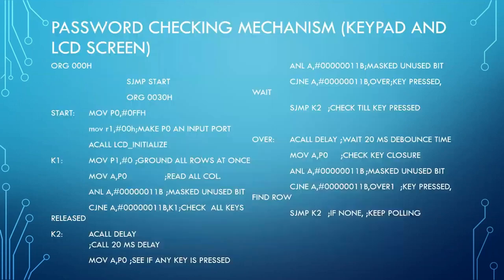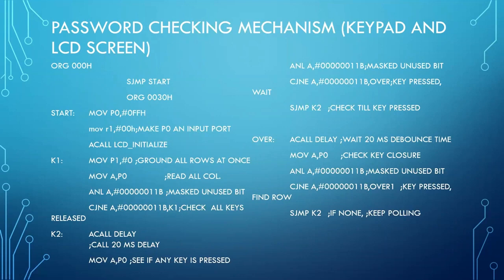So this is the first module, that is the password checking mechanism, which makes use of keypad and LCD interfacing with the 8051 microcontroller. On the screen, you can see the code implementation of our project, where we have initialized P0 as an input port for reading the data from the keyboard, and K1 and K2.